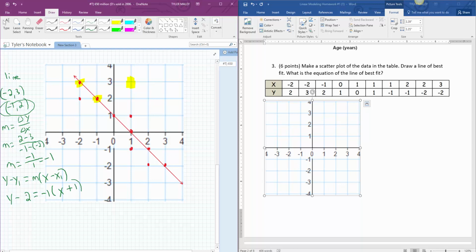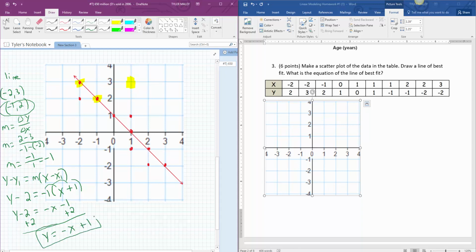Then we need to distribute here. So I get y minus 2 equals -x minus 1, and then add 2 to both sides, and I'm left with y equals -x plus 1.